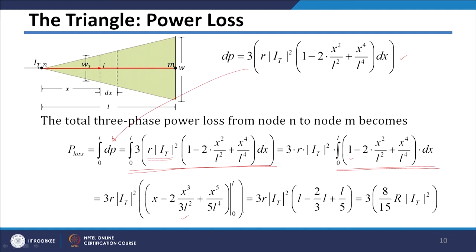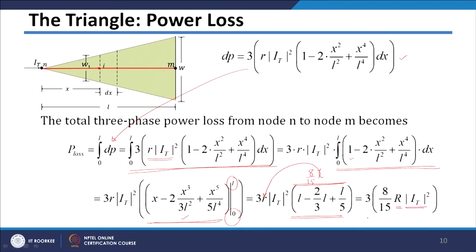In this case the limits of integration are from 0 to L, and if you put these limits into this expression, I will get this simplified term, which is nothing but 8 by 15 into L. This L into the resistance will become the total resistance of the feeder, which is R here, and IT square will remain as it is.